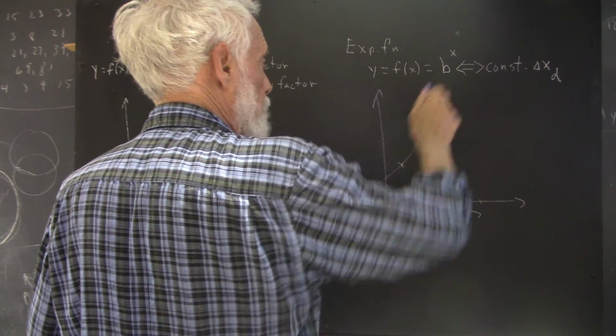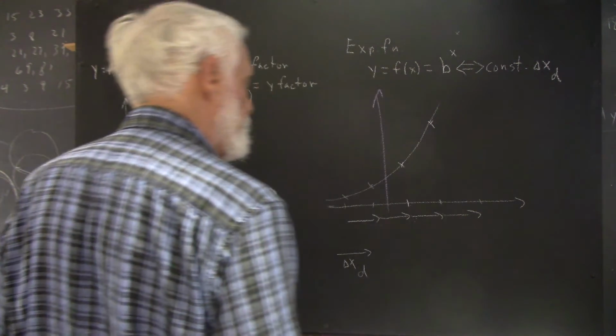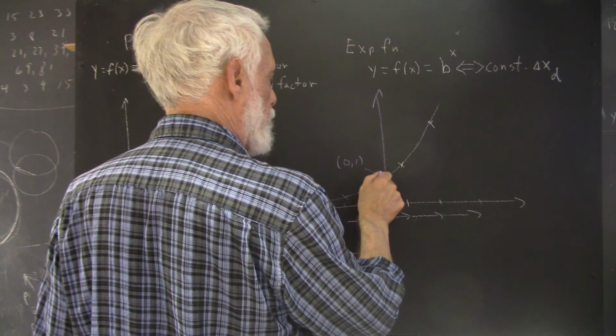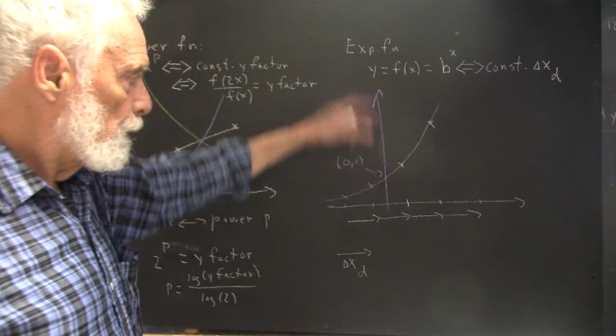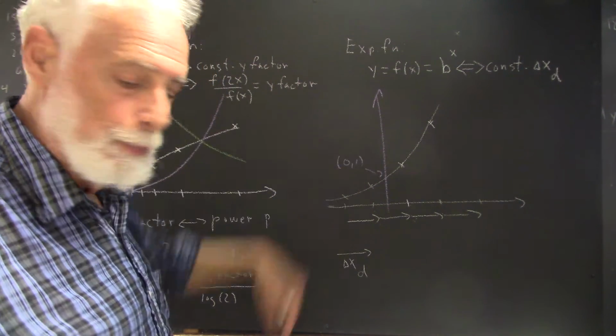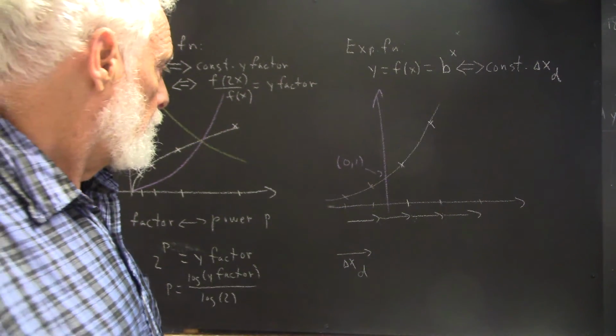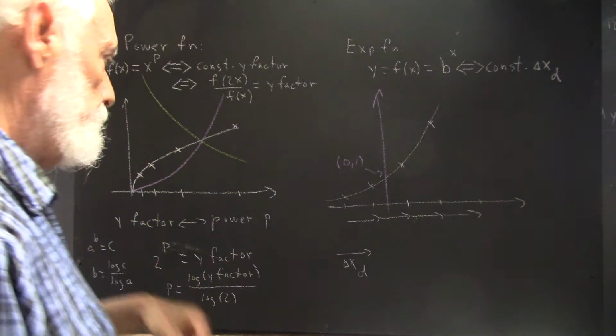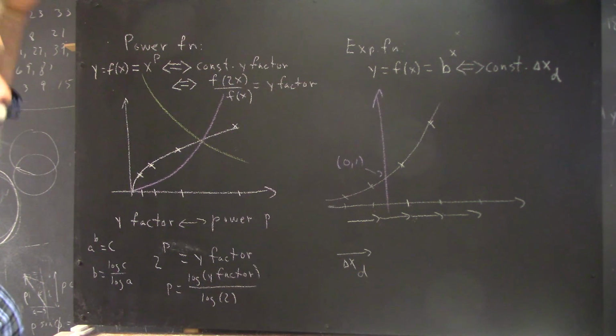And then we can slop a y-axis down any place we wish. If there's a function f of x equals b to the x, then wherever we put the y-axis, the point where the curve intersects the y-axis is the point (0, 1). And then there are properties of the exponential function that we develop.